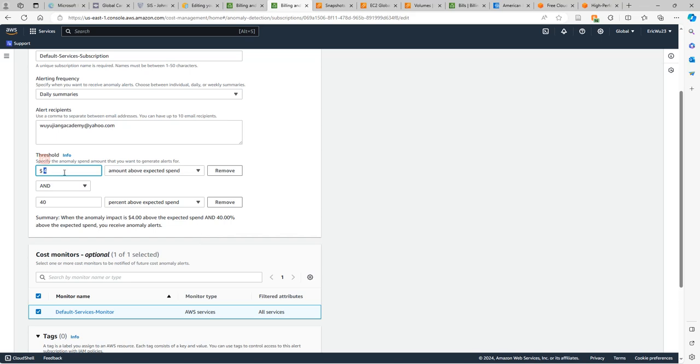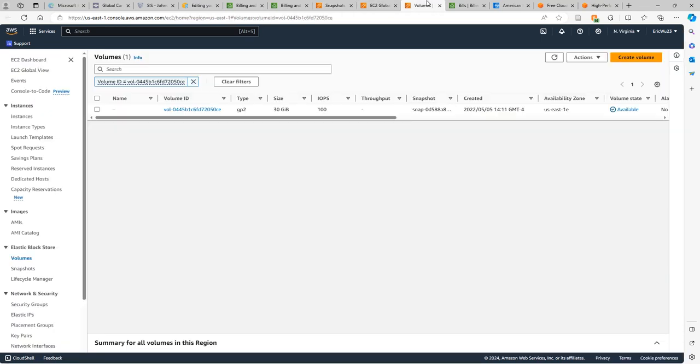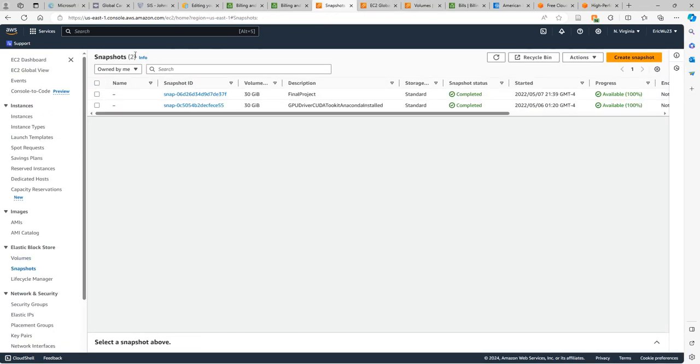So just be careful that AWS could be charging you because you have some volume left over here. Don't just assume that they won't charge you if you terminate your instance, right?